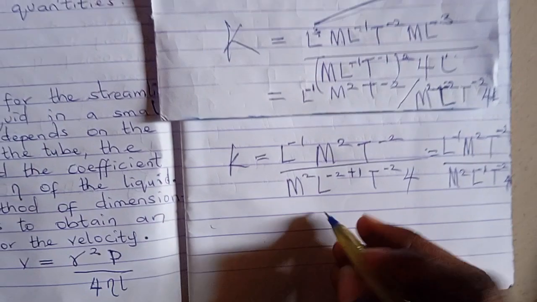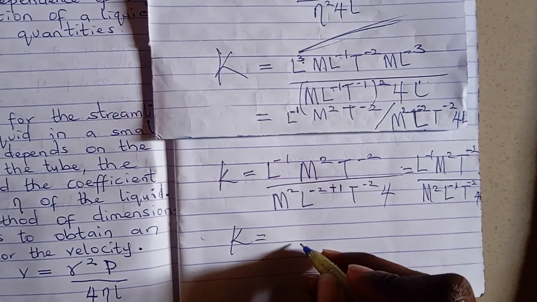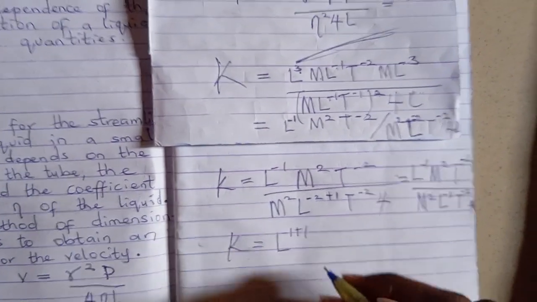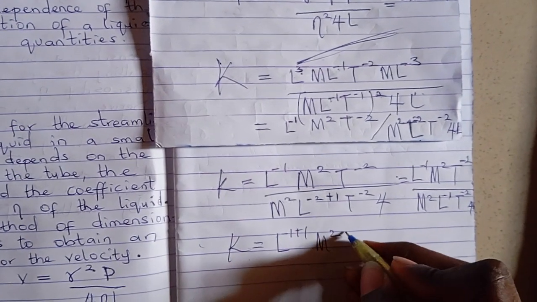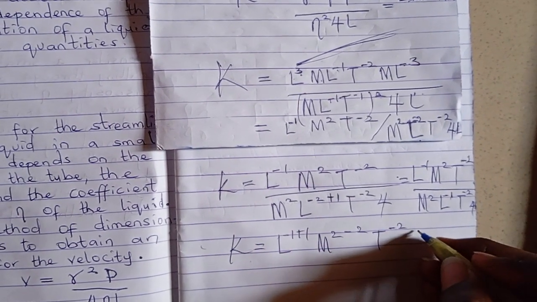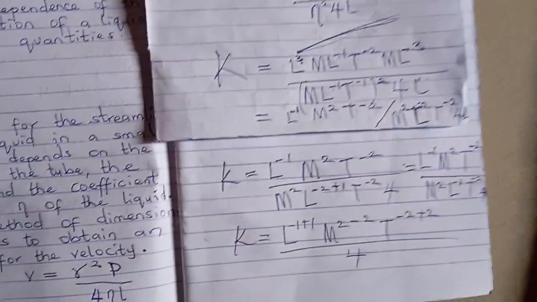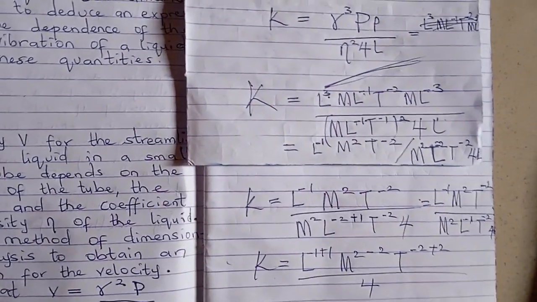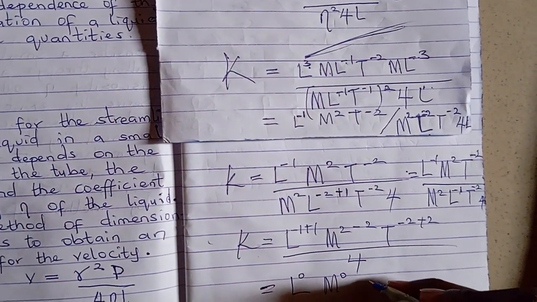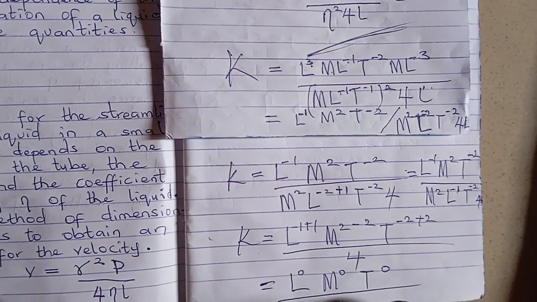Using the division law, k will be equal to, let's bring the L together, L^(-1 - (-1)), then M^(2-2), T^(-2-(-2)), all over 4, which equals L^0 M^0 T^0 all over 4.